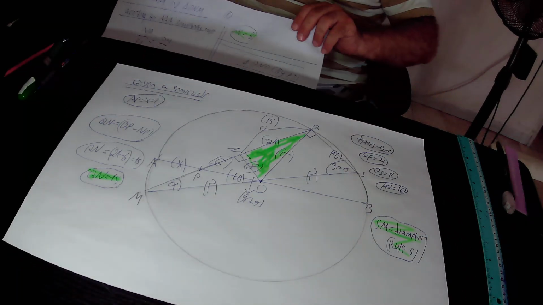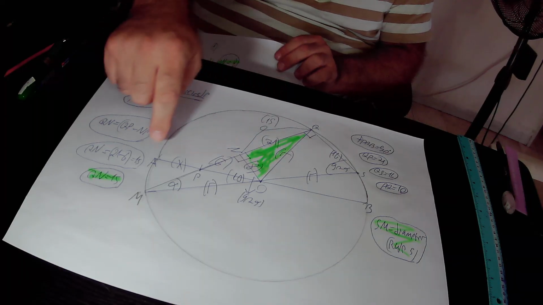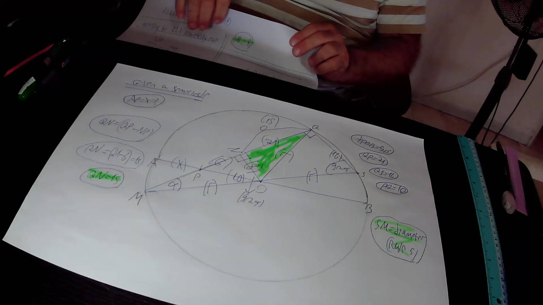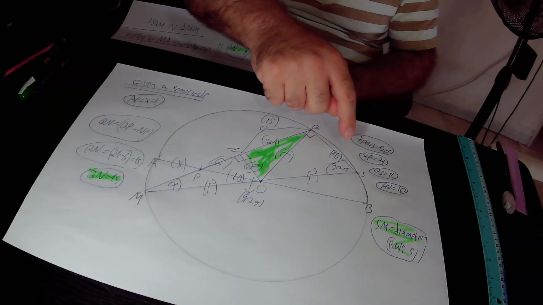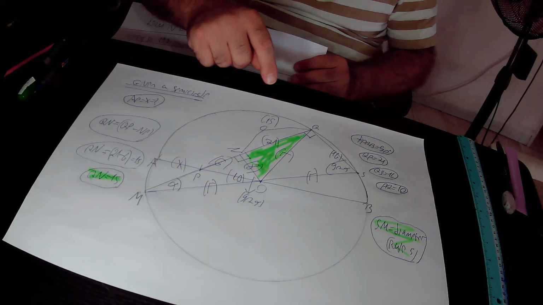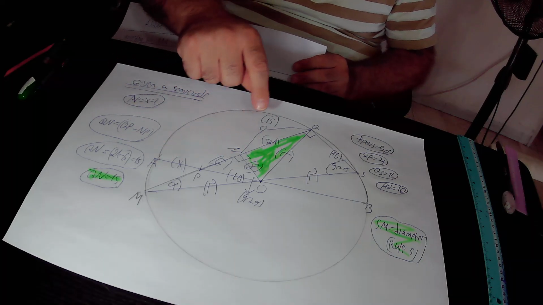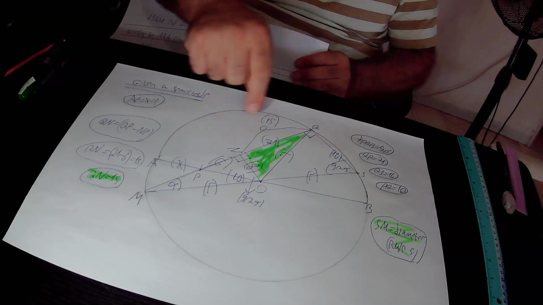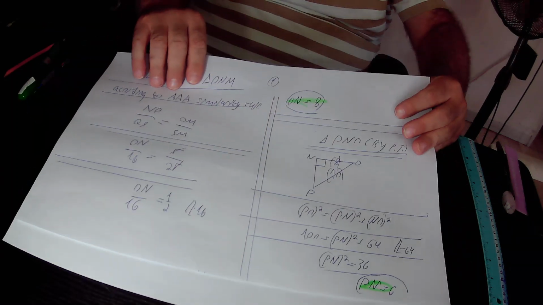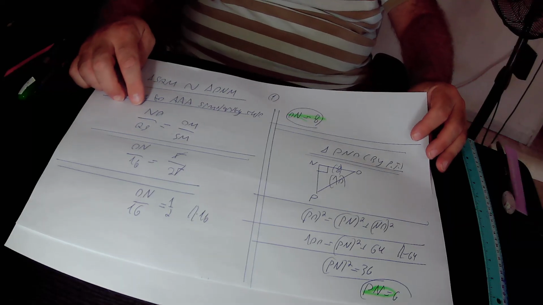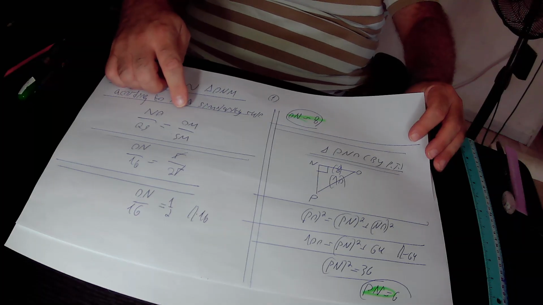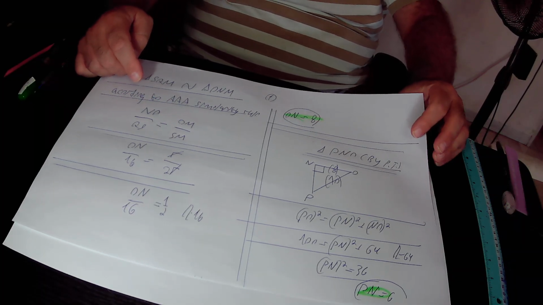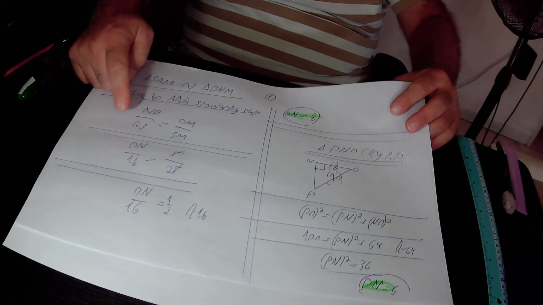From this similarity, we derive the following relationship between their sides: side ON of the small right triangle ONM over side SQ of the big right triangle SQM is equal to side OM of the small right triangle ONM over side SM of the big right triangle SQM. ON is the missing side, so we leave it as it is, over SQ.